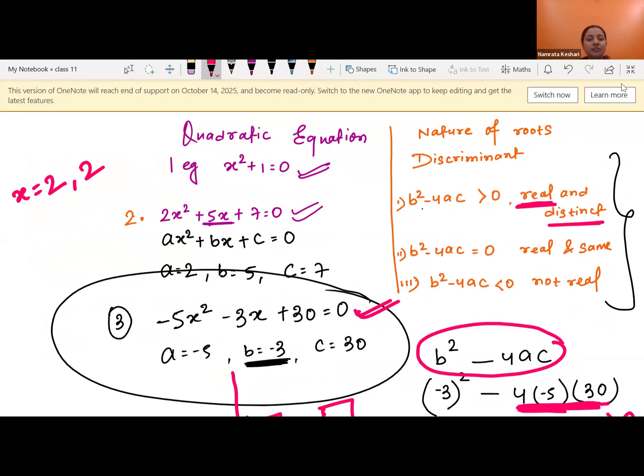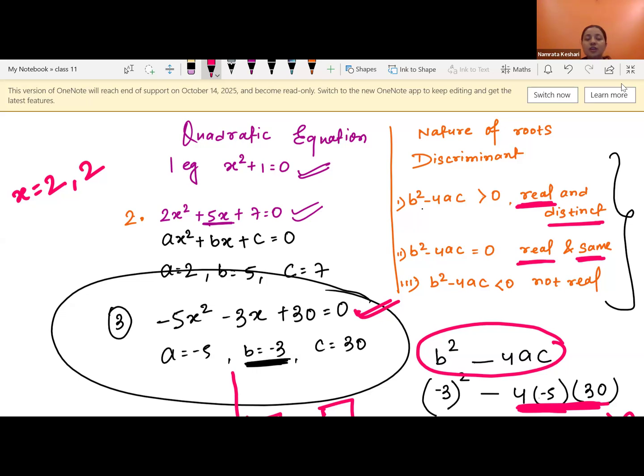The first rule I have written is that in case your b square minus 4ac is bigger than 0, then the roots are real and distinct. That means the roots will be real numbers and will be different from each other, right? Yes. The second rule I have written, if b square minus 4ac is equal to 0, then the roots are real numbers and same, right?